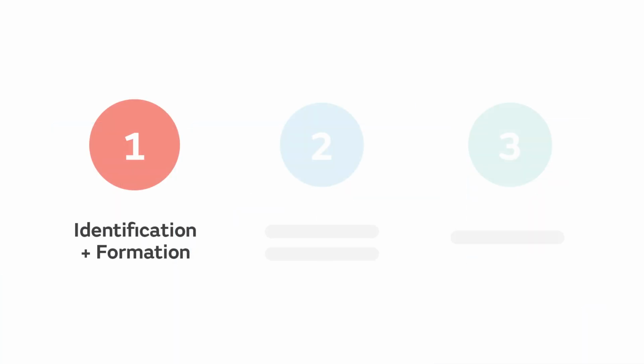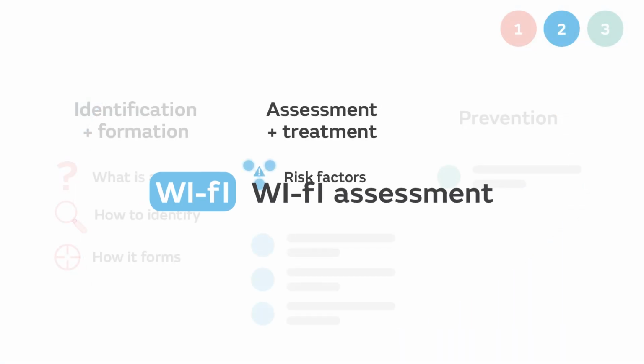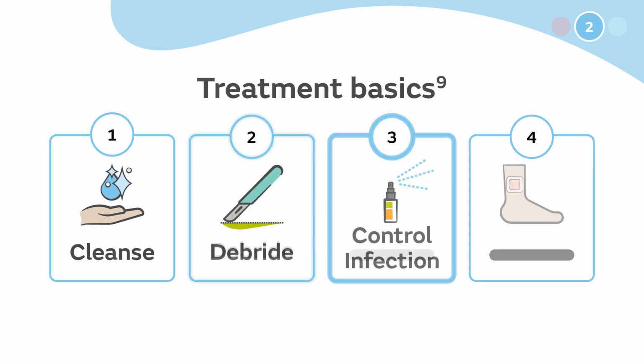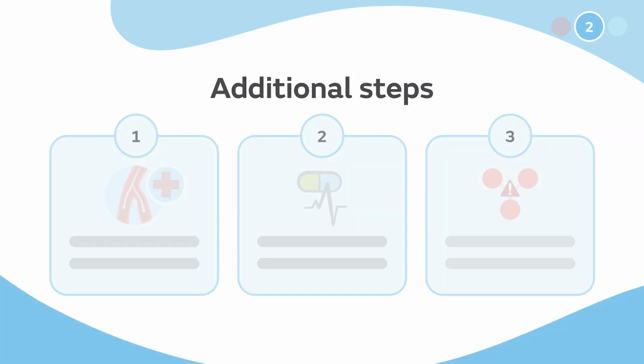Now let's look at how we can assess and treat an arterial leg ulcer. You might be familiar with the basic steps in wound treatment: cleanse, debride, control infection, and dress. But an ALU can be a catastrophic wound, and you'll need to take additional steps in treating it.